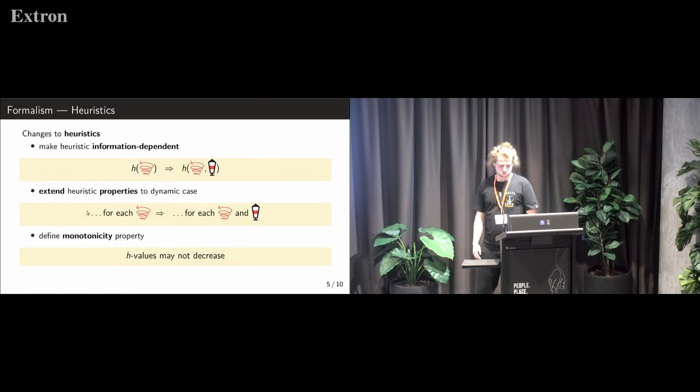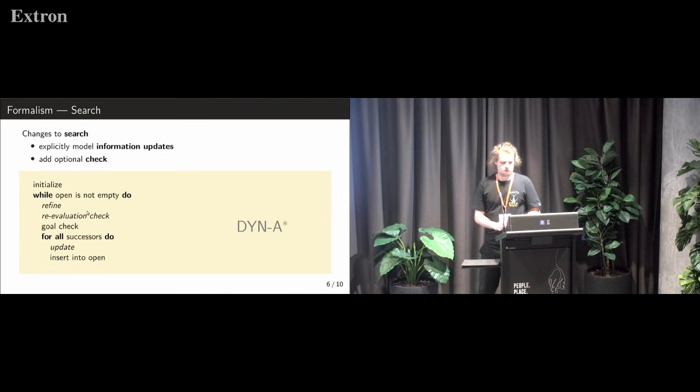So that's the heuristic, and the second part we have to adjust is the search component, where we essentially do A star search. On the left, you see very bare-bones, simplified pseudocode for A star, but the emphasized lines are new, which get added in this dynamic version of A star.